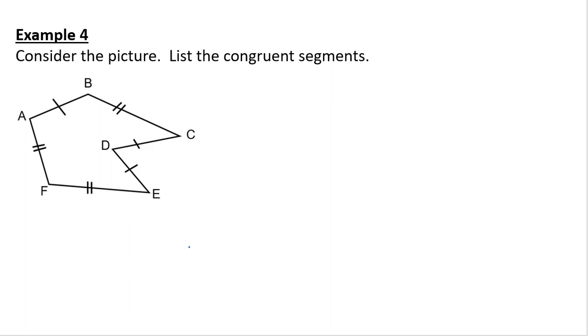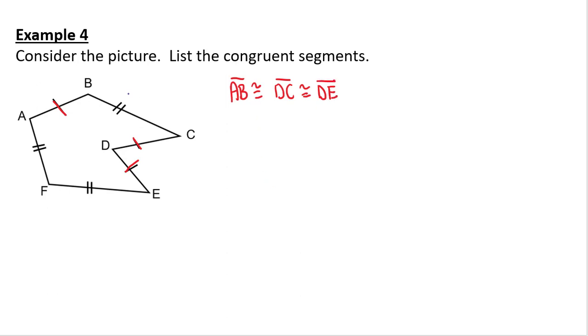Example 4, consider the picture, list the congruent segments. Okay, so something you need to keep in mind. Anything that's marked with one little slash, I'll highlight them in red for you, those segments are all congruent. So segment AB is congruent to segment DC, is congruent to segment DE.